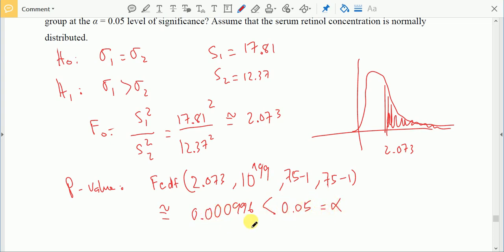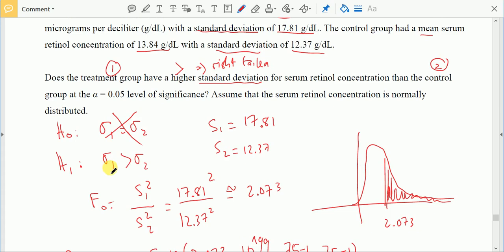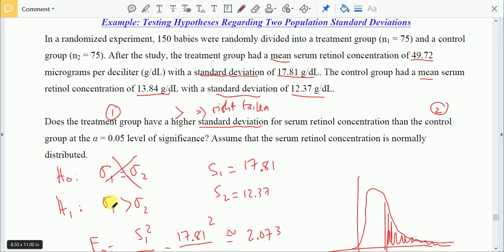If the p-value is less than alpha, then we reject the null hypothesis, or it is not correct, and we end up with the conclusion that the first group has a higher standard deviation compared to the second group.